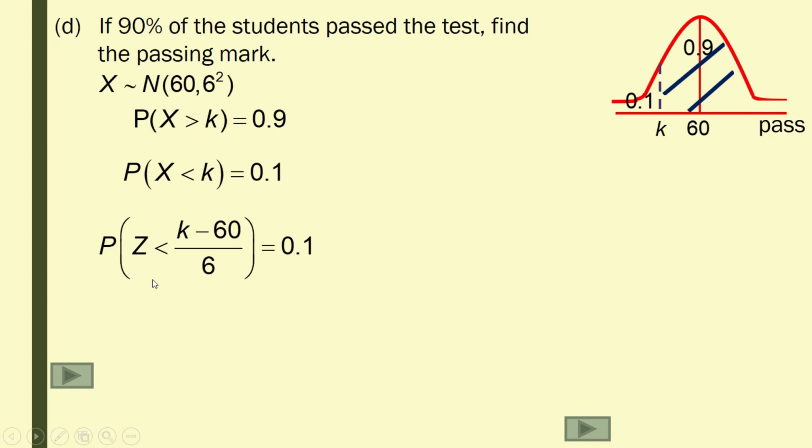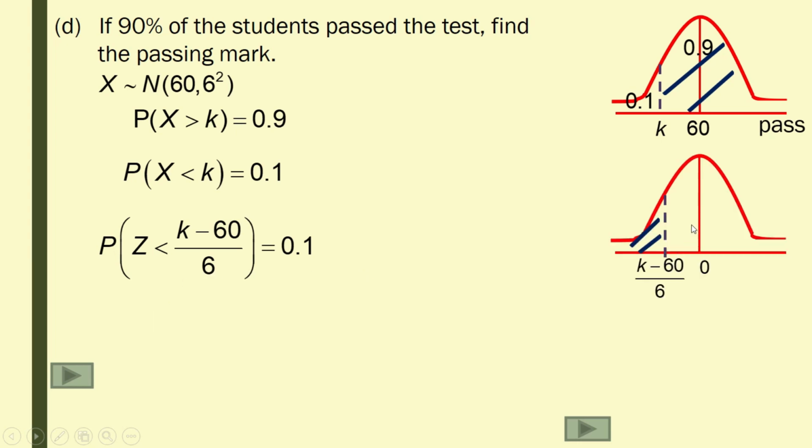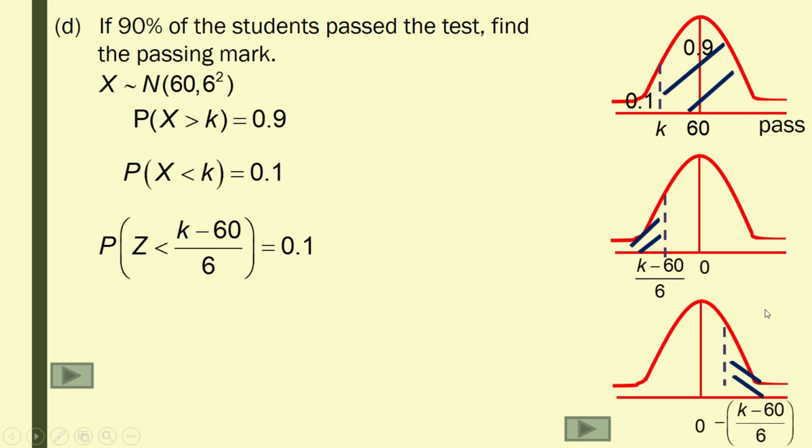P(Z < (K − 60)/6) equal to 0.1 and we draw the Z distribution. We can see that 0.1 is less than 0.5. Okay, because we cannot read P(Z < z), we change to P(Z > z) because the area is symmetric.